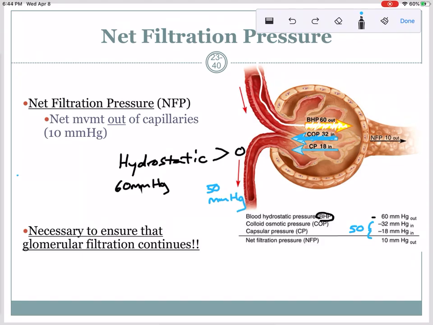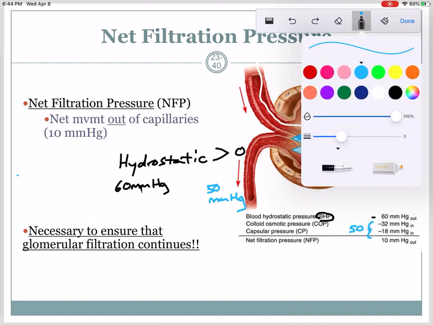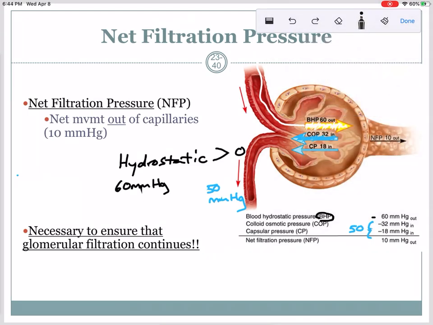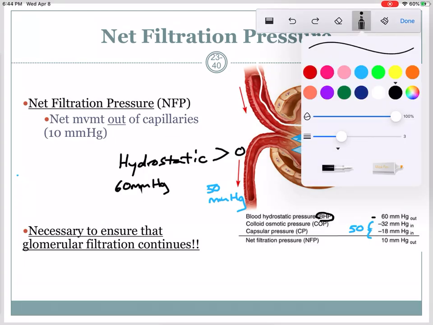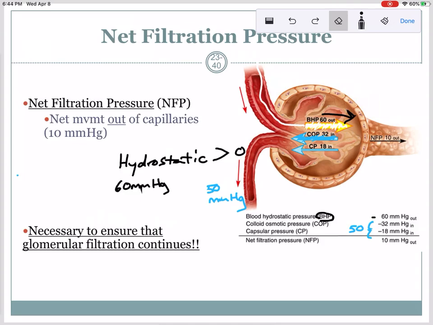These are the exact conditions we want. We want the hydrostatic pressure to be greater. And what that means is we've got a balance always pushing fluid this way. This is really important. If we don't have this balance, then we're going to lose filtration, right? What happens if the fluid coming in becomes greater?